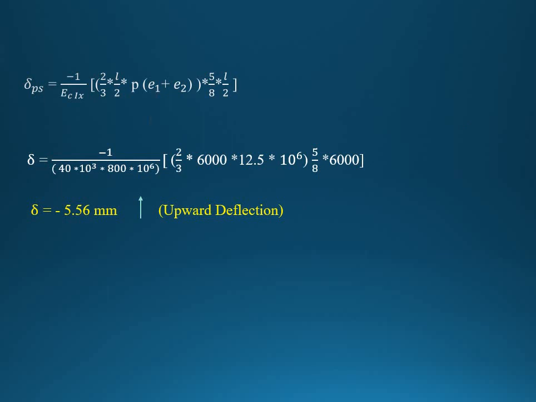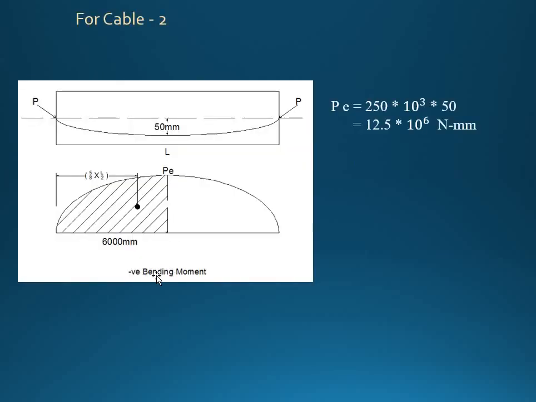Deflection due to pre-stress for the second cable: we should consider only the area into the centroidal distance of the parabola. So minus. Why have I written minus here? You should not forget it is a negative bending moment.